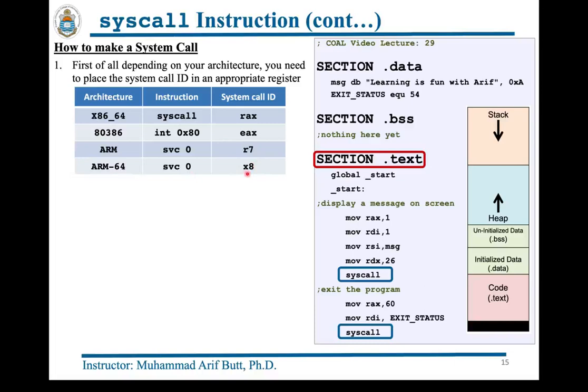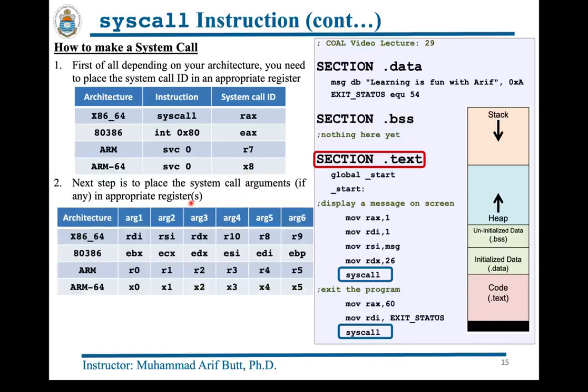Okay, so the next step is to place the system call arguments in appropriate registers. If you have an x86-64 CPU, which we are using right now, you can pass 6 arguments to the system call via registers.